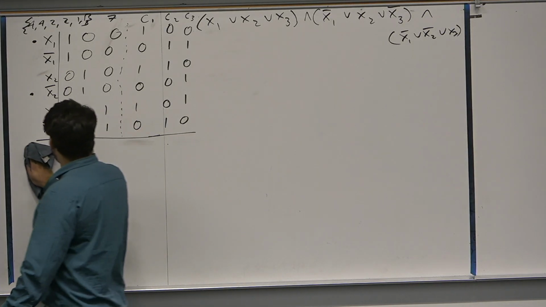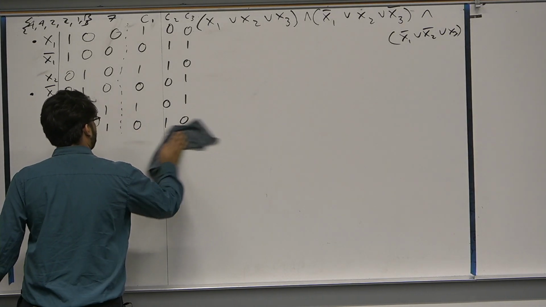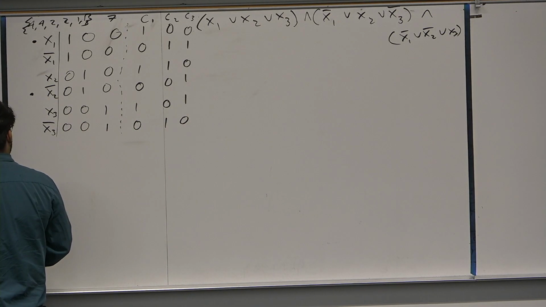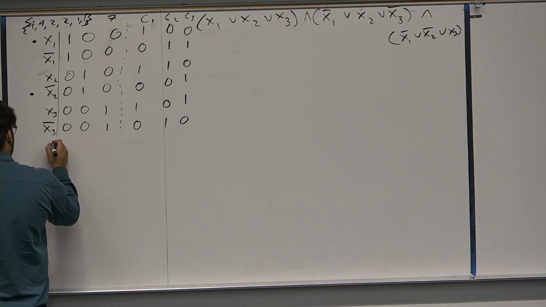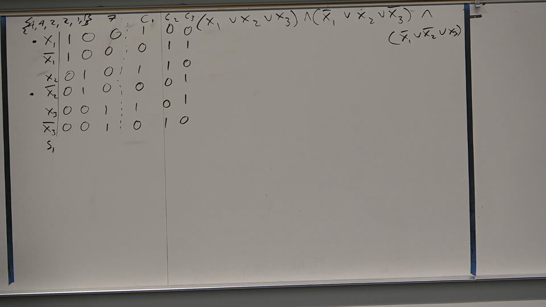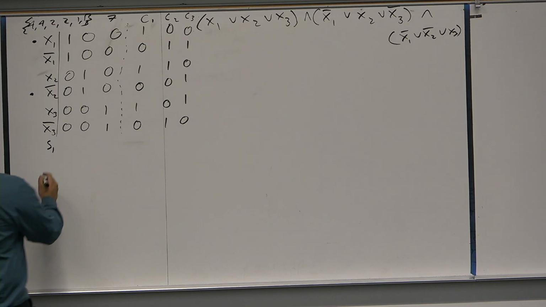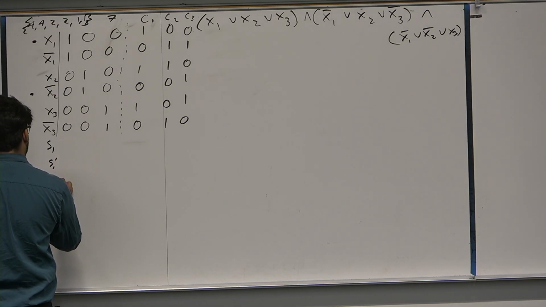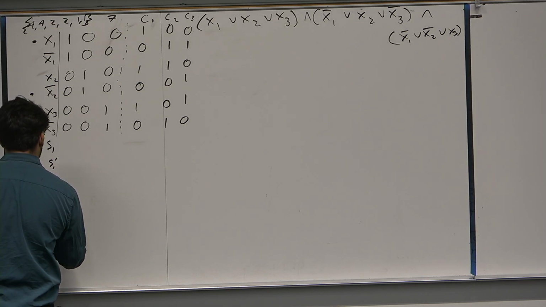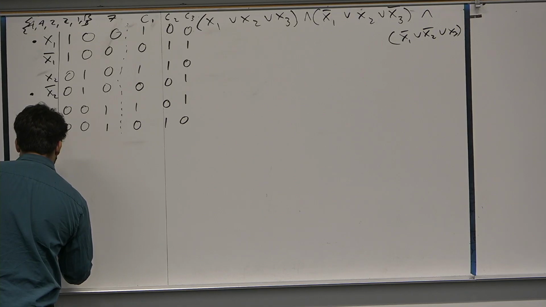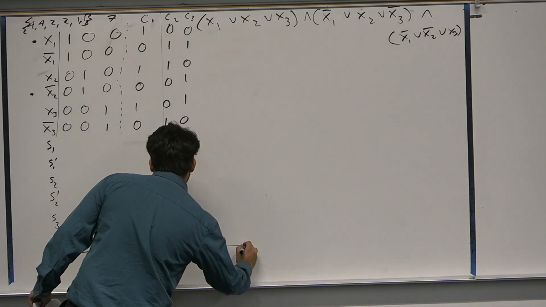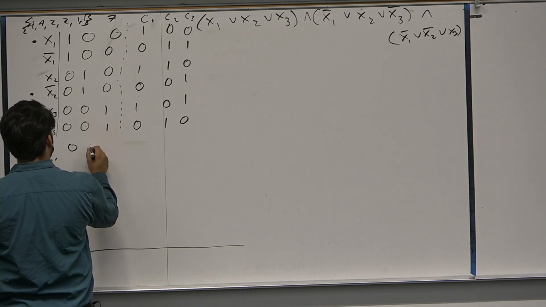So what I'm going to do is now just add a bunch more items. We'll call them slack 1, slack 1 prime, slack 2 prime, slack 3 prime, okay? And these are all going to be zeroed out in the first bits.